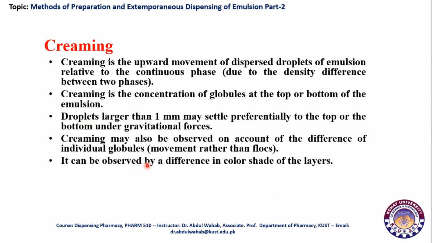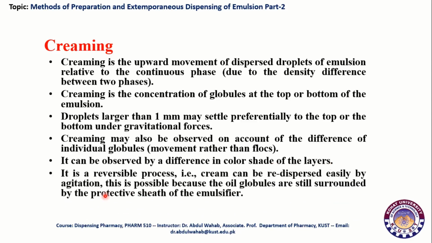It can be observed by difference in color shade of the layers. It is a reversible process. For example, the cream can be redispersed easily by agitation. This is possible because the oil globules are still surrounded by the protective sheath of the emulsifier.